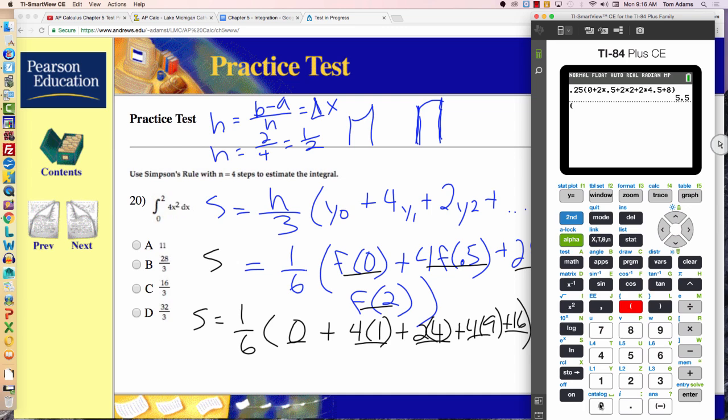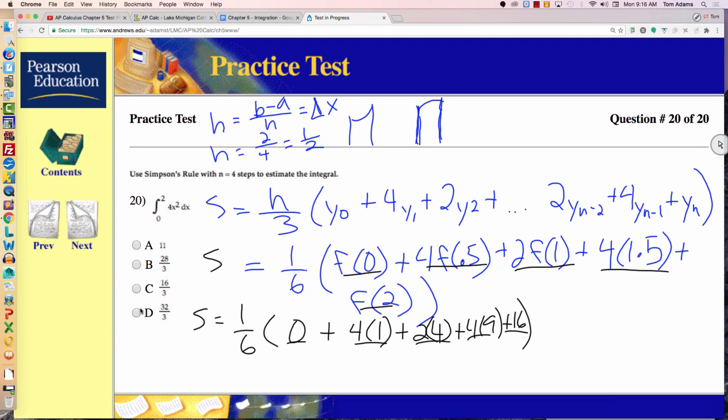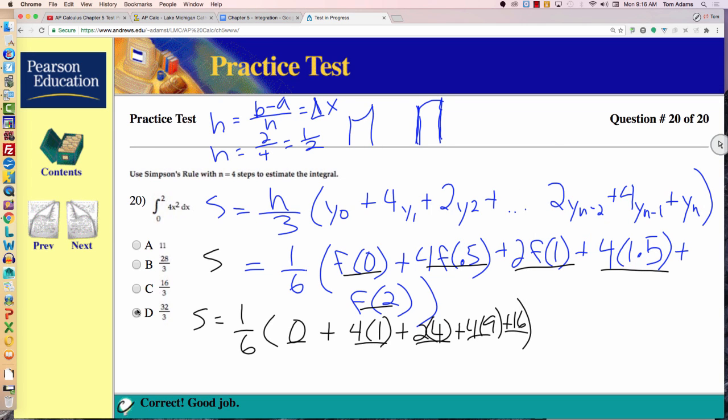So what I'm going to do is I'm going to say 0 plus 4 times 1 plus 2 times 4 plus 4 times 9 plus 16, close the parentheses, divide by 6, and I get 10 2/3, or 32 thirds.